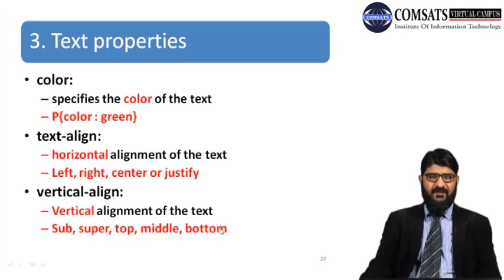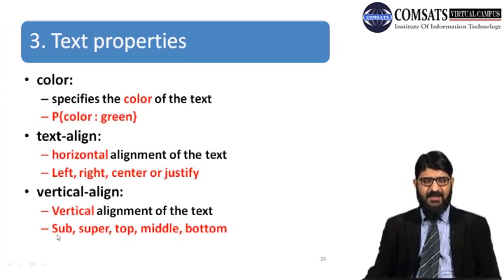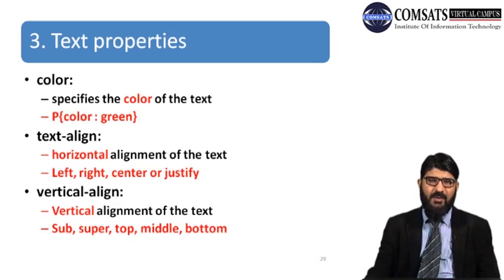So V align means vertical alignment of the text, where subscript means you want to add some value to the bottom of a particular alphabet or digit, while superscript means you want to add a value on the upper side of an alphabet or digit, while top is on the top of the text, how you are aligning the text on the top of a web page, and similarly for the middle of the web page and the bottom of the web page.